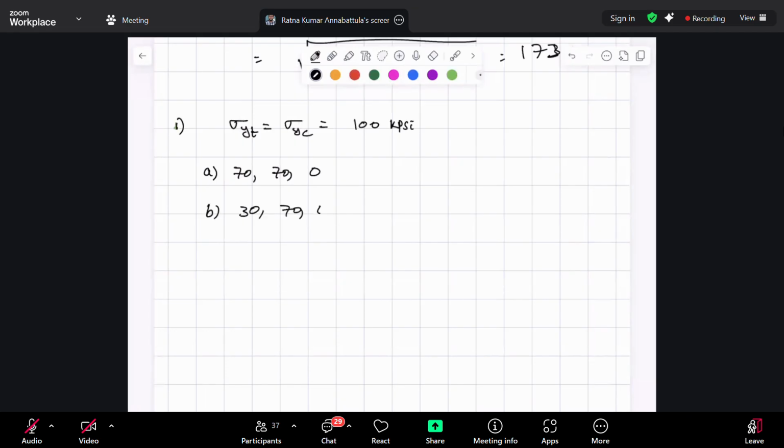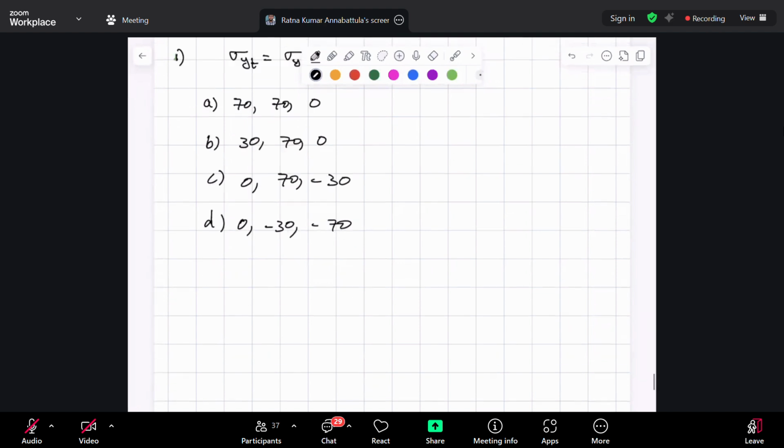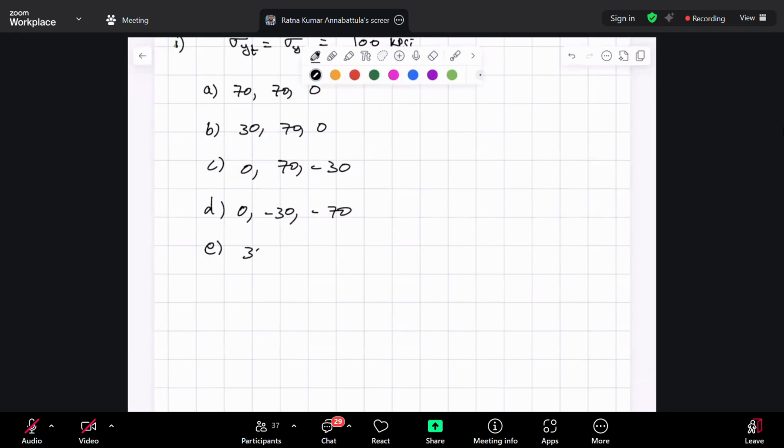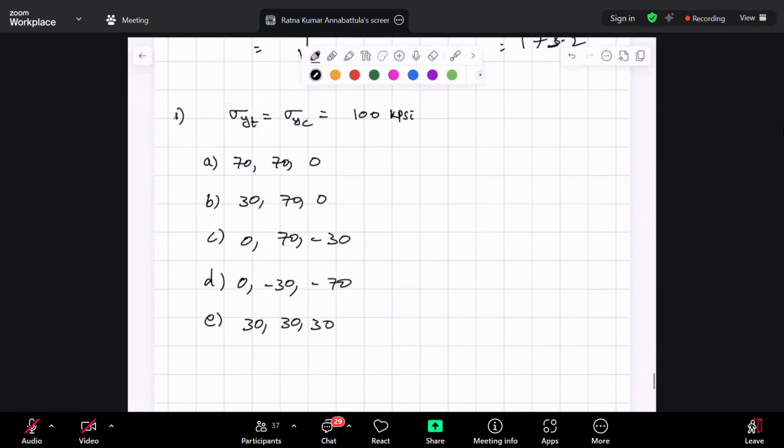30, 70, 0, 0, 70, minus 30, 0, minus 30, minus 70, 30, 30, 30.